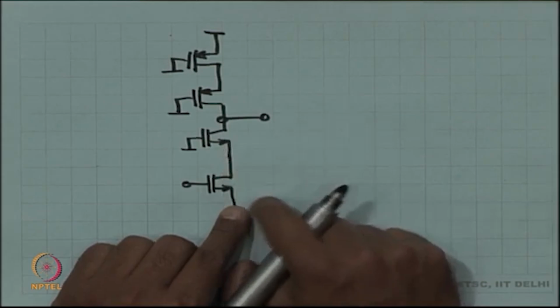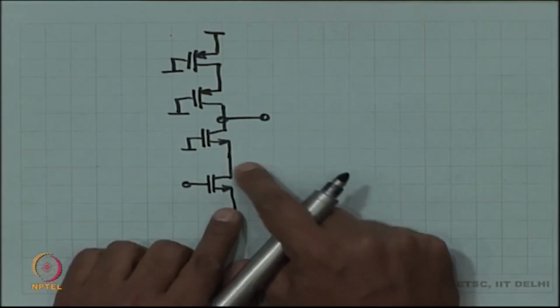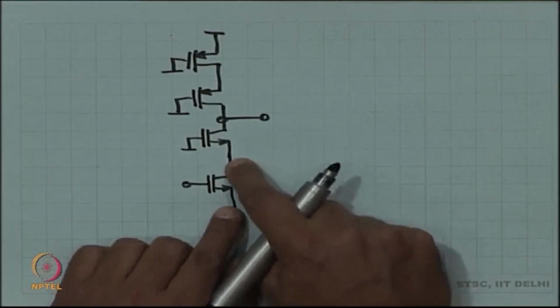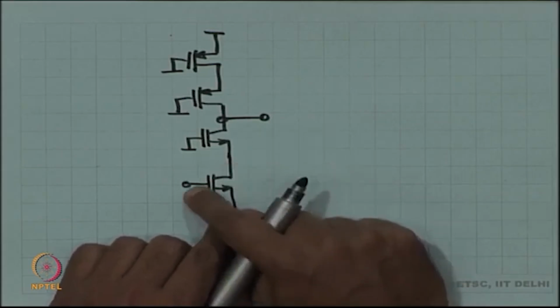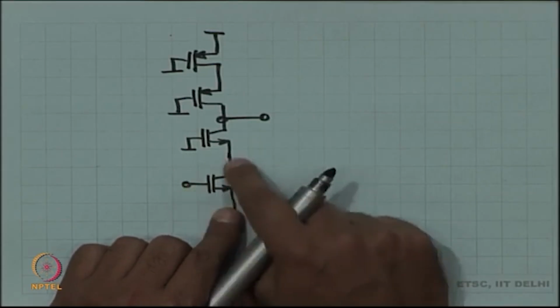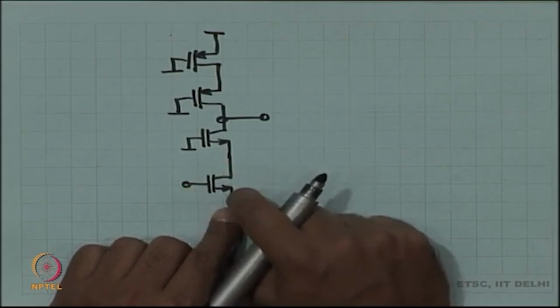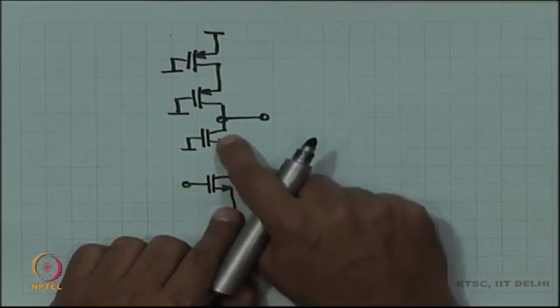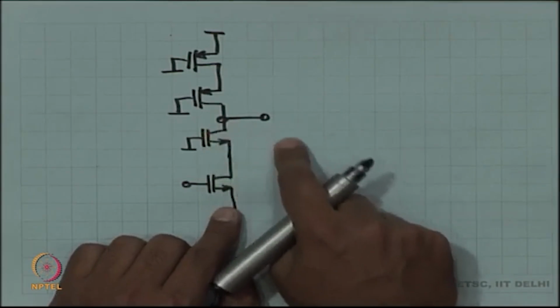1 over Gm of this device is a low impedance. RDS of the bottom device is a high impedance, which means that almost all of the current created by this voltage, that is Gm times the input voltage, is going to go into the source and therefore into the short circuit.